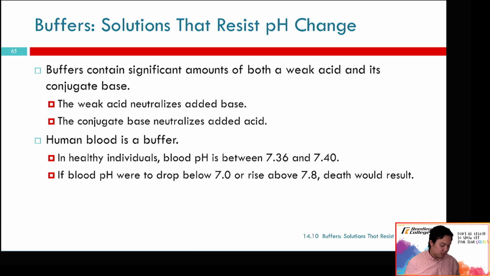In a healthy, living individual, your blood pH is between 7.36 and 7.4. If your blood pH were to drop below 7.0 or rise above 7.8, death would result, because a lot of the functions in your body rely on that pH to take place and to continue living.